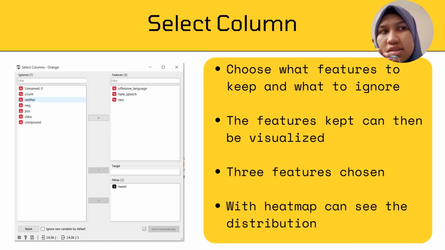We then put these features into the heat map so that we can see the distribution of each of these classes according to the document that we have gathered. Then we can classify each of the data into these three features that we have chosen.